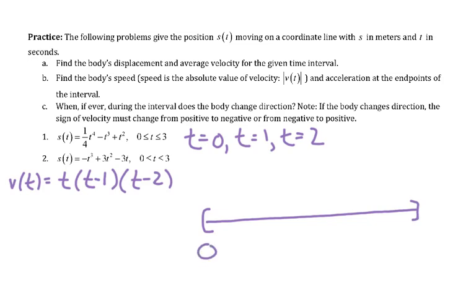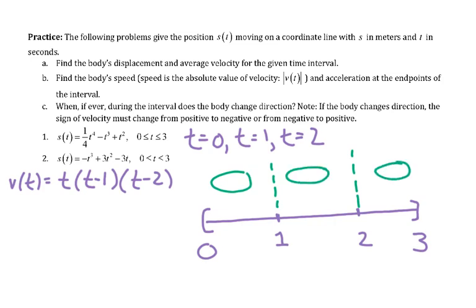Well, we know it starts at 0 and it ends at 3. Here's 1 second. Here's 2 seconds. And so what we're doing is we're setting up test intervals. We're going to check the sign of the velocity function in these intervals. So you need to find something that you can plug in each of these intervals and check the sign of the velocity function.